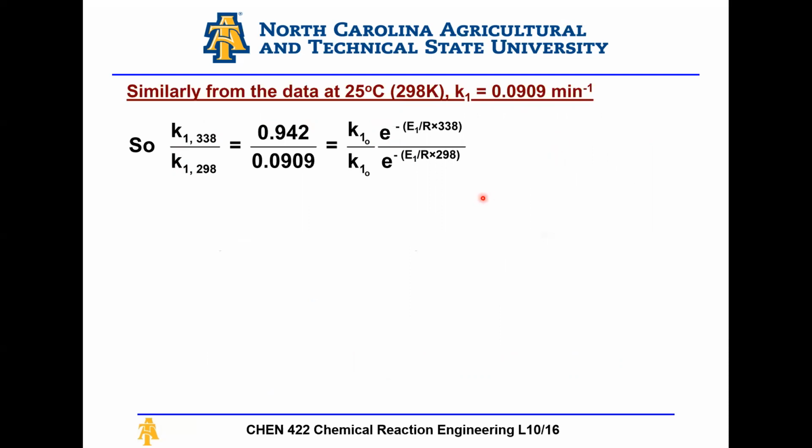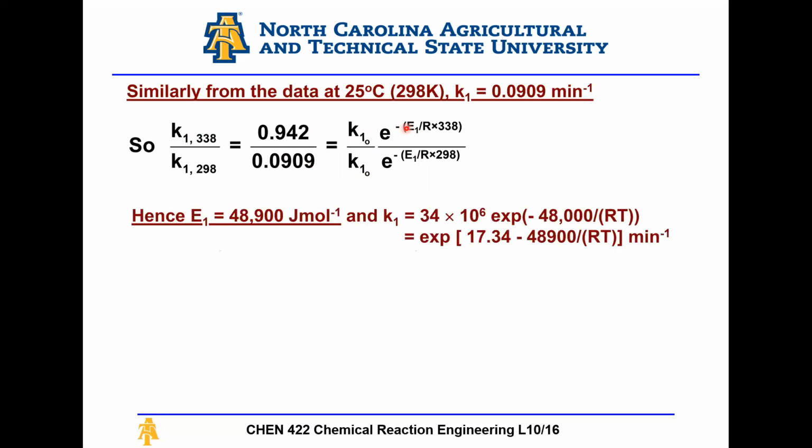From these two K values at two different temperatures, if I take the ratio, I can now solve for my activation energy. So here K1 at 338 over K1 at 298 is equal to the pre-exponential constant, which is the same, so these two cancel out, and then I have exponential of minus E1 over RT1 divided by exponential of minus E1 over RT2.